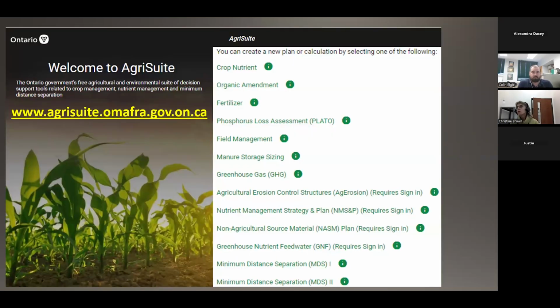And so going to switch over to some of the tools that are available for helping with nutrient management. The AgriSuite set of tools include quite a few. We're basically just going to look at the field management tool, and then those encompass the crop nutrient tool, the organic amendment tool, the fertilizer tool, and then some of the environmental assessment tools in the background.